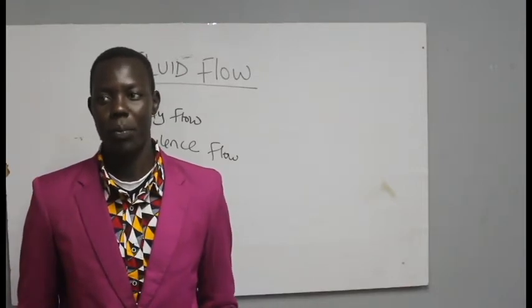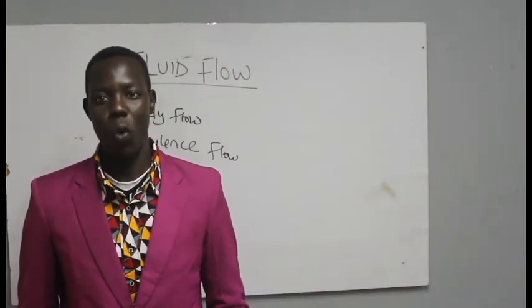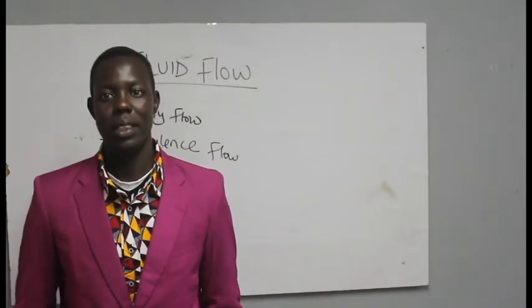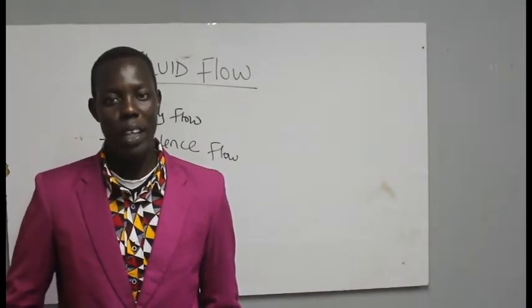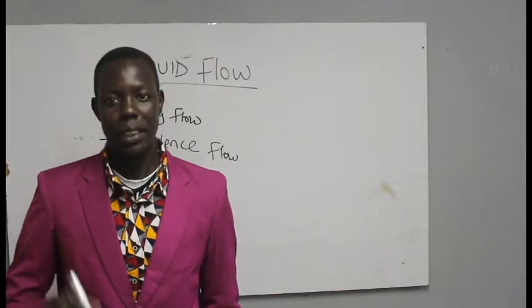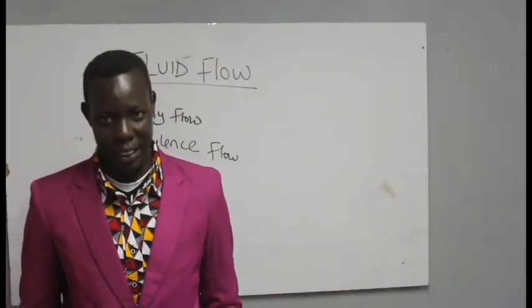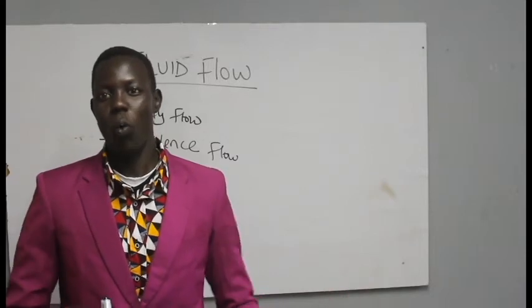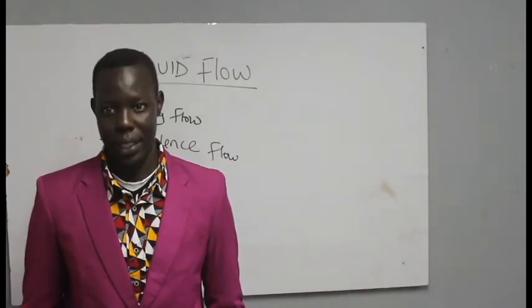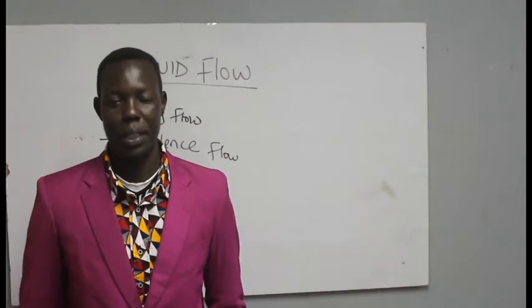So steady flow is a flow whereby the flowing particles are moving in the same direction with the same velocity at any given point. This is the kind of flow that always takes place in a quiet way. No noise is produced.